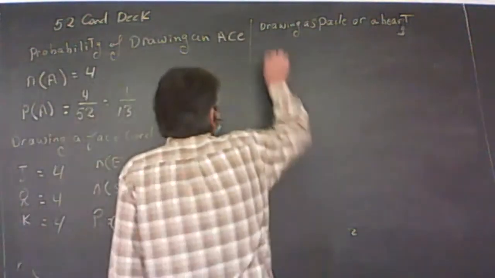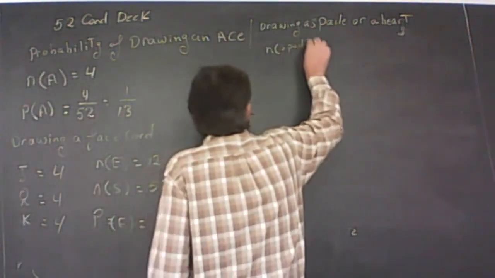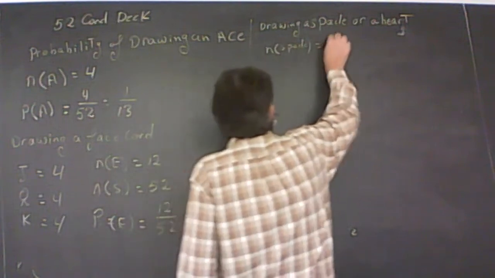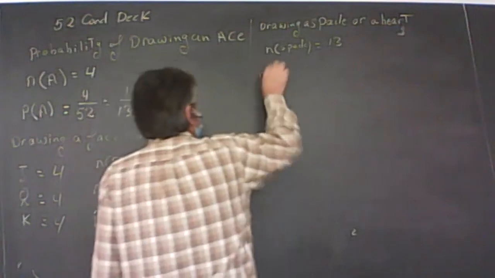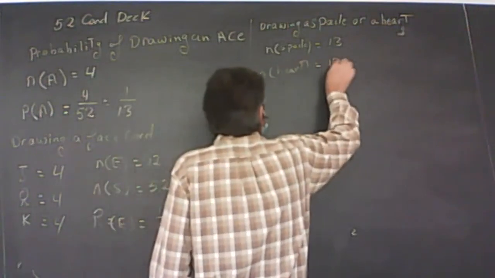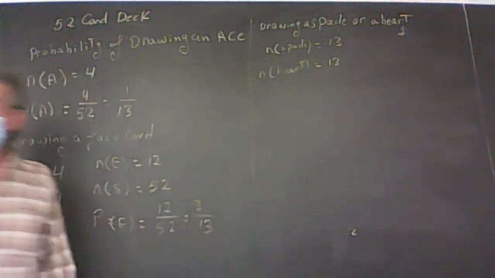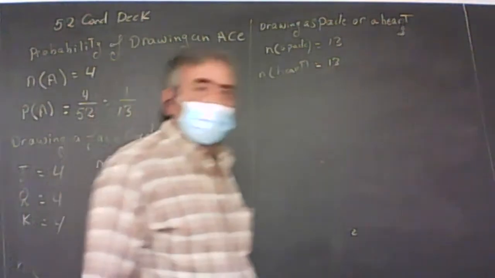So now we know the number in the spade is equal to 13, yeah? And the number in heart equals 13, yes? And notice those two don't have any element in common.